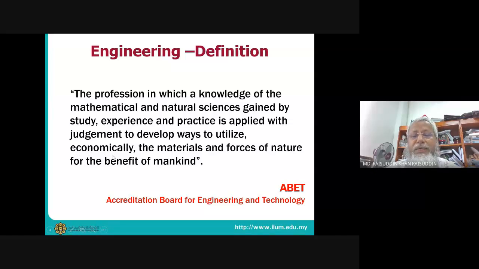When we develop something, we consider the economic part of it, whether it will be affordable to the people and whether it will contribute to the economy. And then also the materials and forces of nature. And at the end, we make all this for the benefit of mankind. So this is basically the definition of engineering.